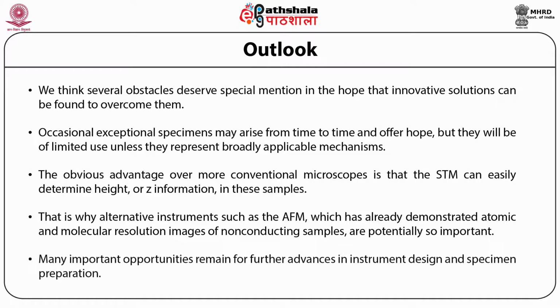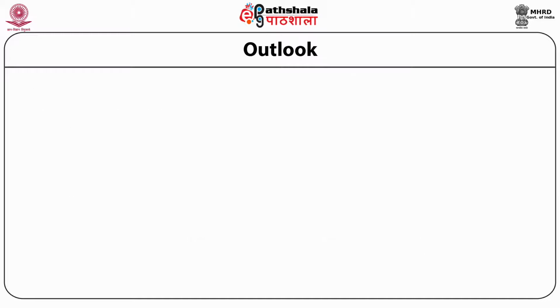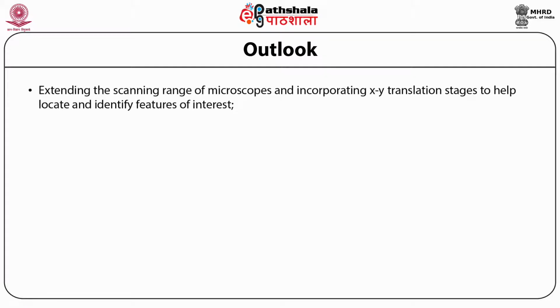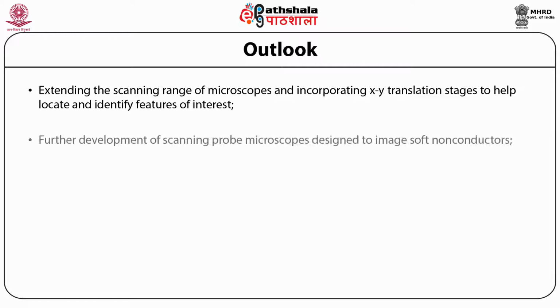Many important opportunities remain for further advances in instrument design and specimen preparation. Among these are extending the scanning range of microscopes and incorporating XY translation stages to help locate an identified feature of interest. Second, further development of scanning probe microscopes designed to image soft nanoconductors.